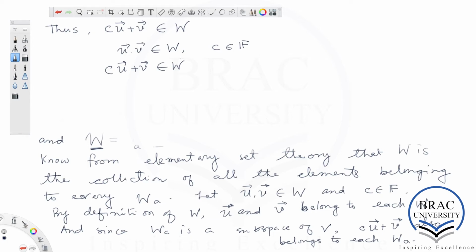By Theorem 1, it tells us that W is a subspace of the vector space V. QED.